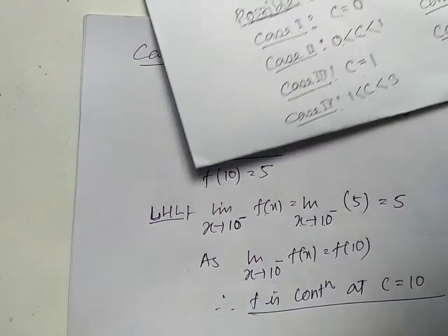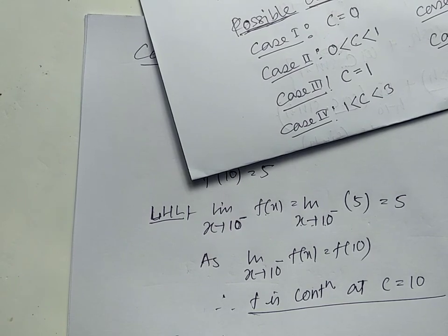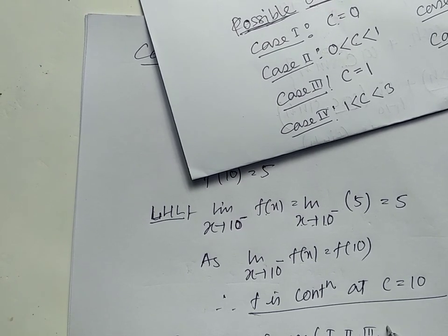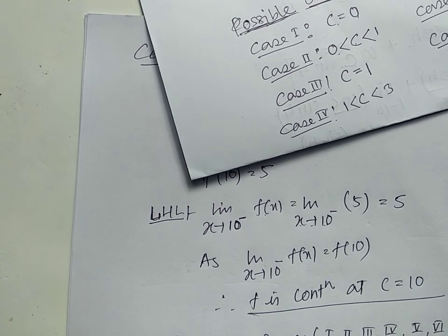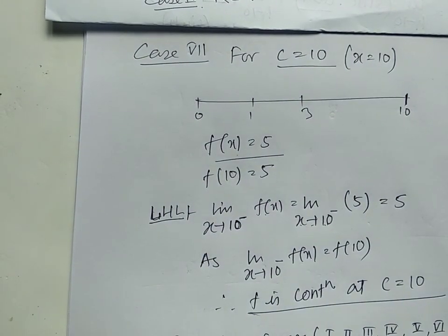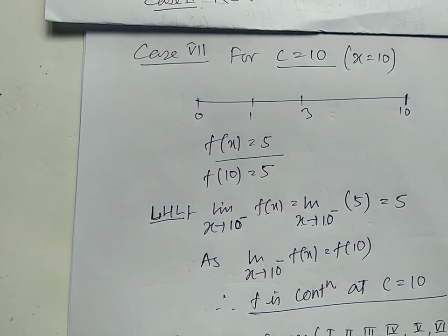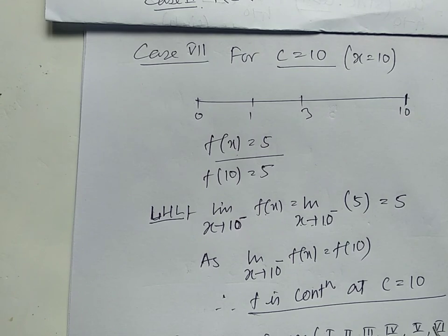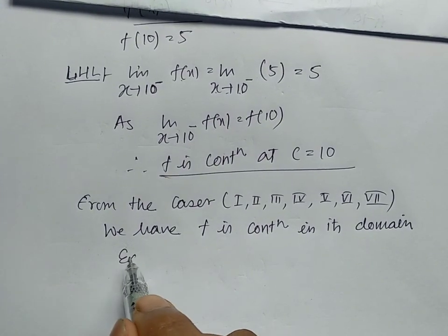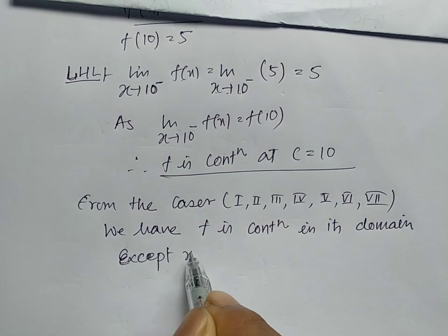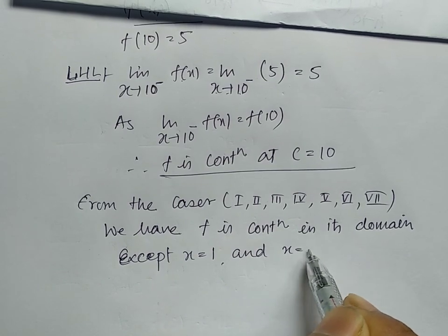So from the cases 1, 2, 3, 4, 5, 6 then 7, I think this one is case number 7, and from the cases we have: f is continuous in its domain except x is equal to 1 and x is equal to 3.